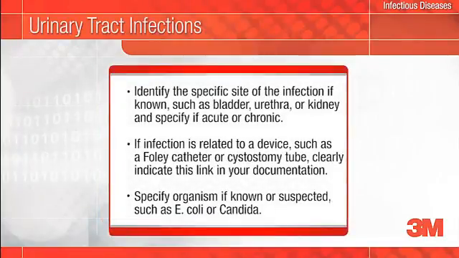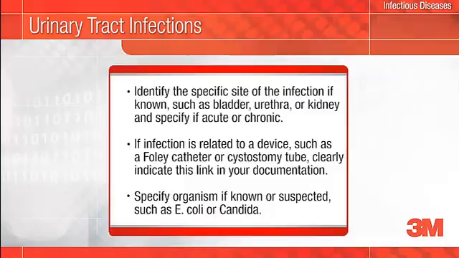What stays the same with urinary tract infections in ICD-10 is that if you know the site of the infection, it's important to note it, such as cystitis, urethritis, or pyelonephritis, and if the condition is acute or chronic.